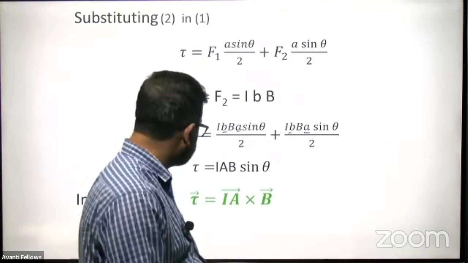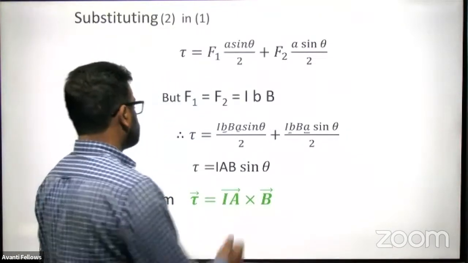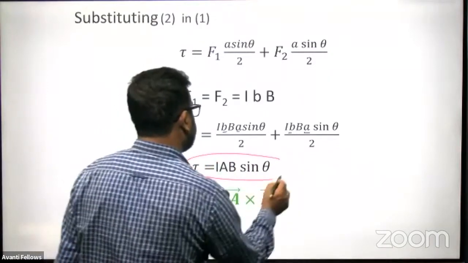In vector form, torque equals IAB sine theta.